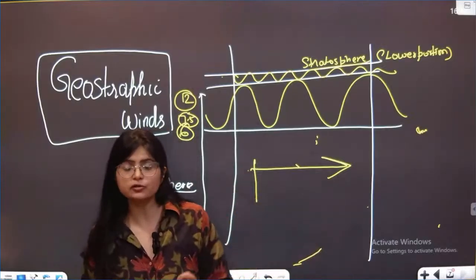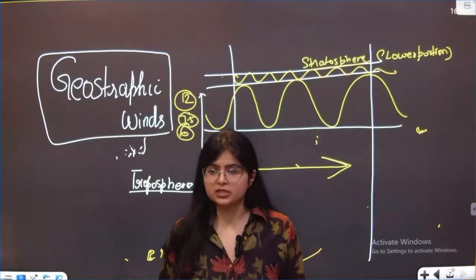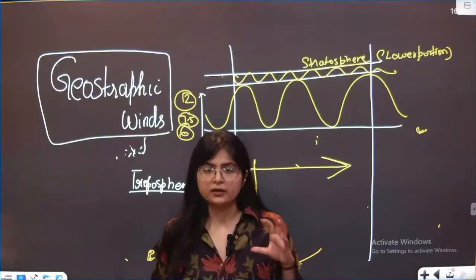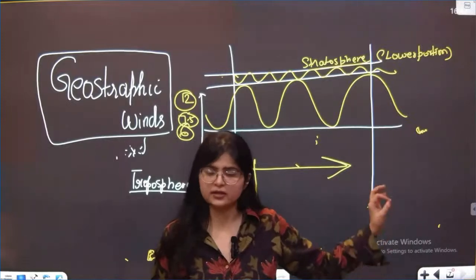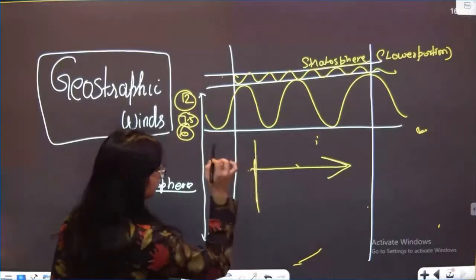For example, your tropical easterly jet streams, which are majorly responsible for bringing monsoon in the interior of the India, they are exception. Okay? So moving back to this topic.